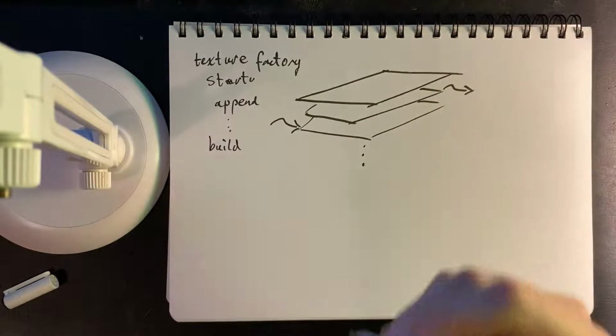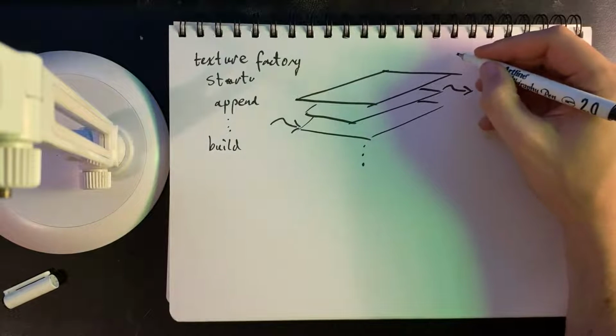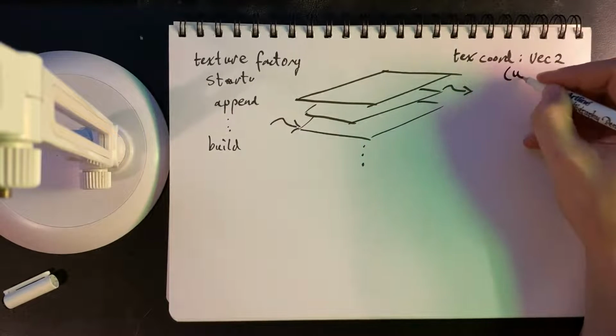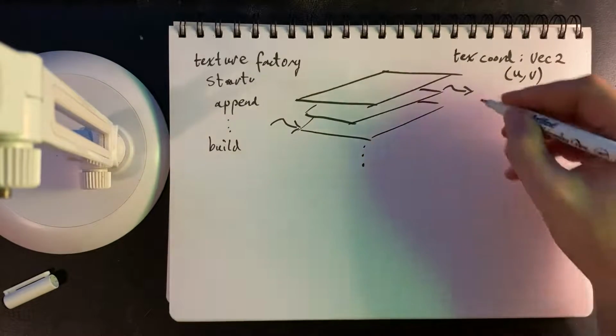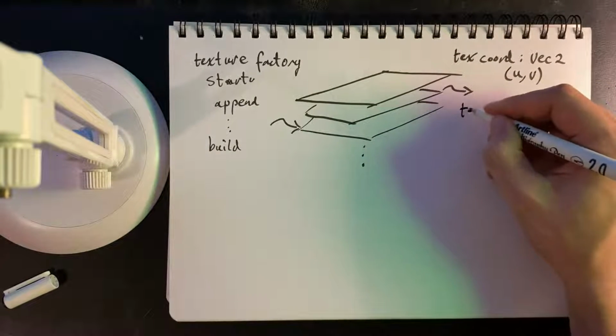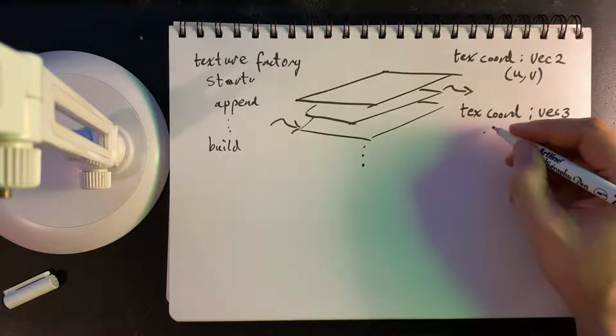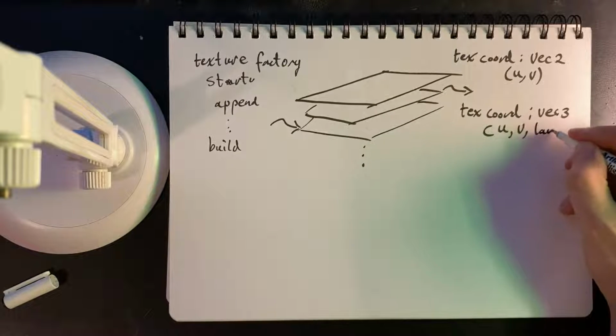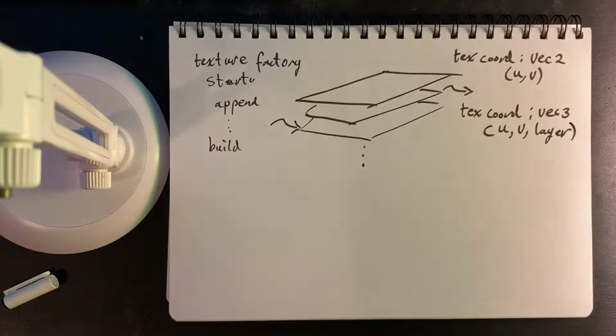Now, the only thing is, before we were using vec2s for texture coordinates, they were UV form. Now I'm going to use vec3s, and they're of the form UV, just like before, and then the individual layer of the texture that we want to access.